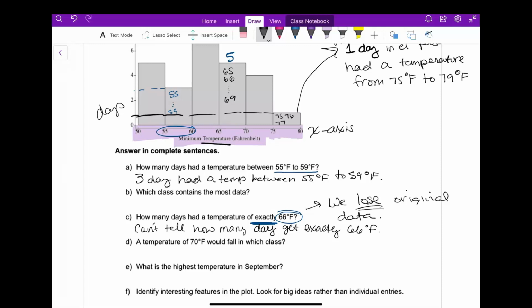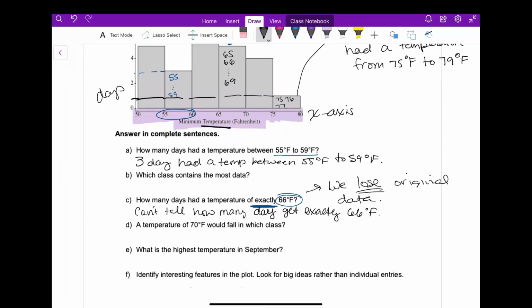Ooh, D, a temperature of 70 would fall into which class? I know you can do this. I'm going to leave that up to you. Oh, wait, let me actually emphasize class. I've been calling them bins.